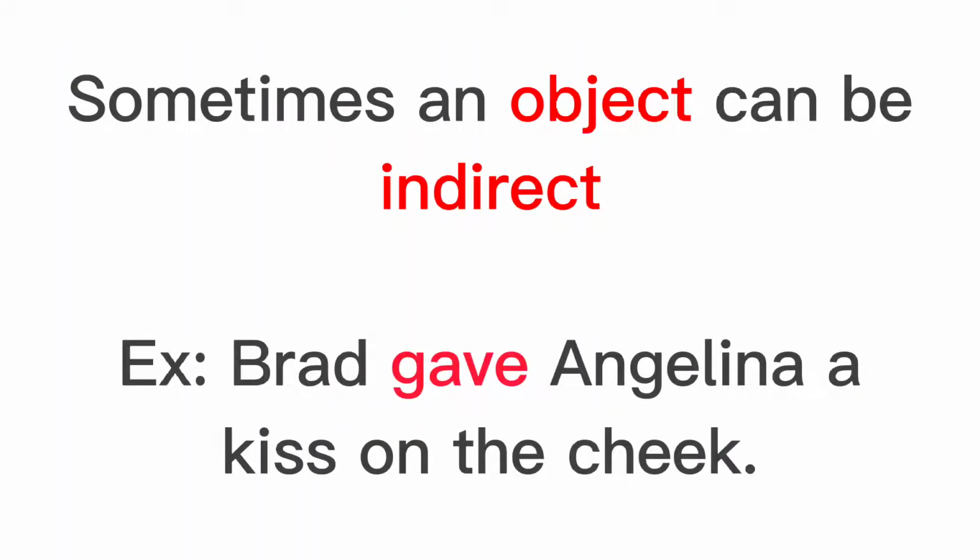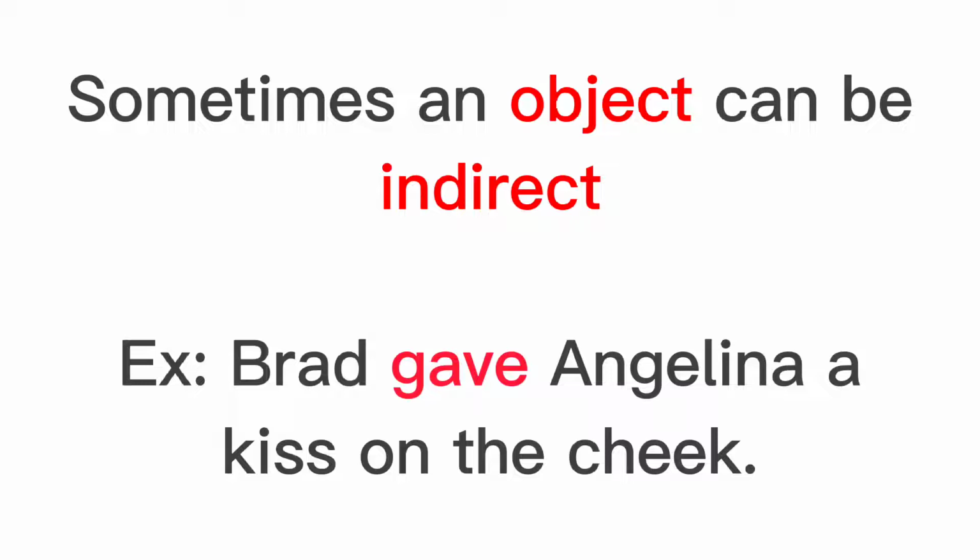Sometimes an object can be indirect, such as when you're expressing to whom the action is being done. Let's consider this sentence: Brad gave Angelina a kiss on the cheek. The verb is gave, and the direct object was a kiss.